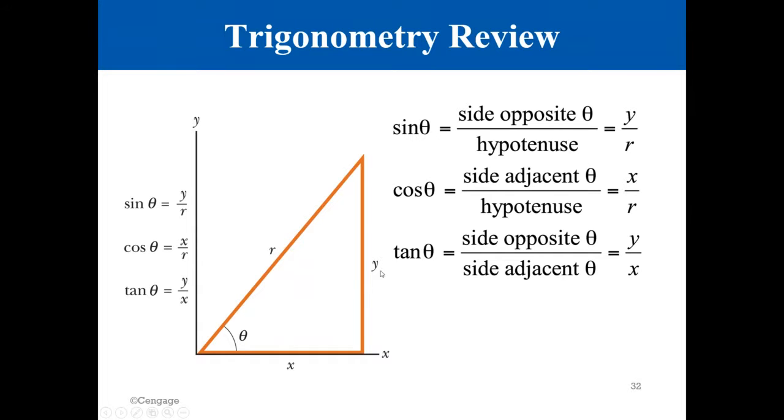So the ratio between y and r, this is called sine theta. The ratio between the adjacent and the hypotenuse, x divided by r, this is called cosine theta. The ratio between the opposite and the adjacent, y divided by x, is called the tangent of the angle, tan theta. Okay? These are basic trigonometric functions.